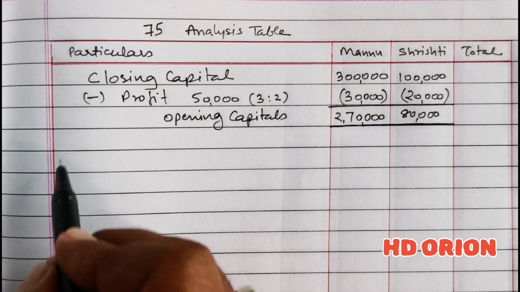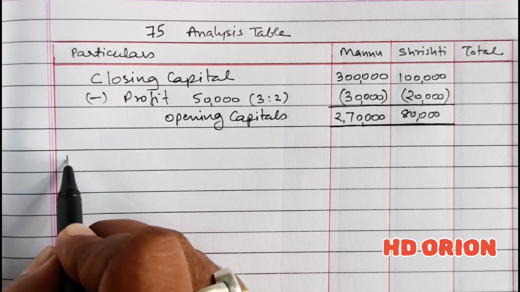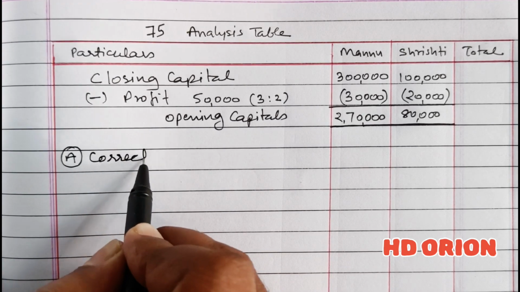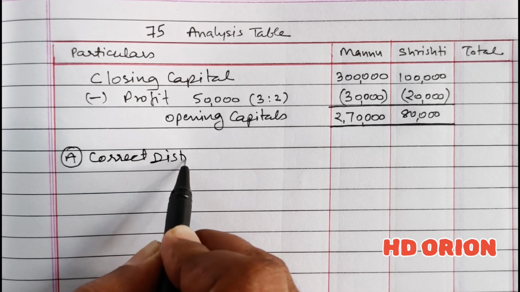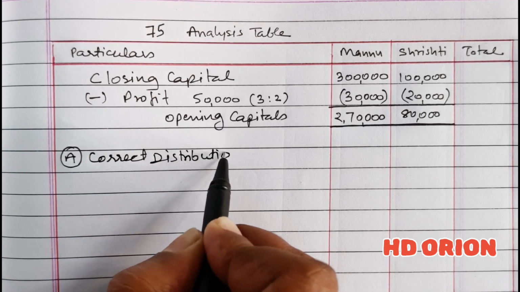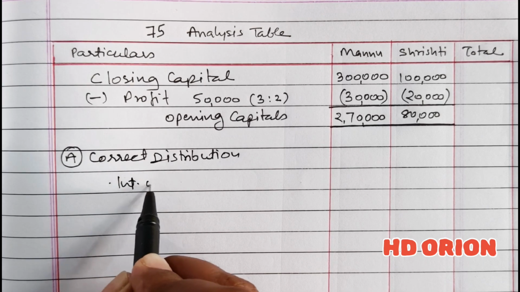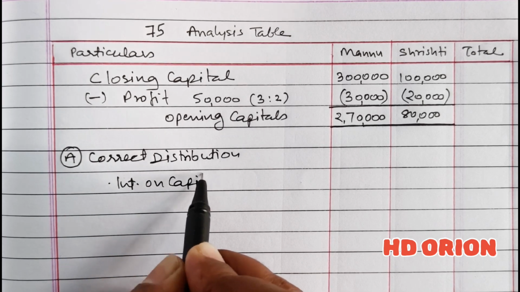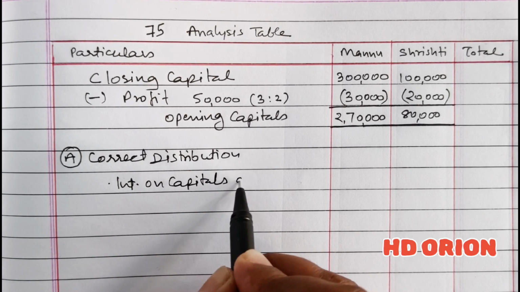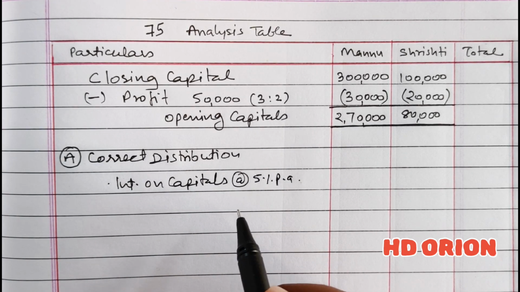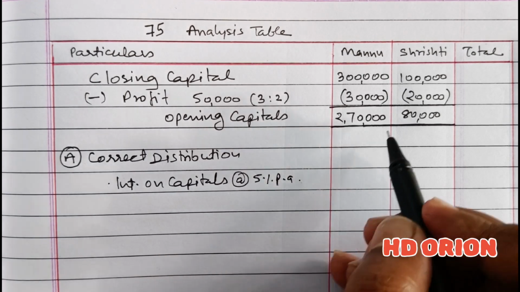Fine. Now we will analyze it. Let us say first correct distribution. In correct distribution, the firm was supposed to give interest on capitals at the rate of 5% per annum, as suggested in the question. 5% per annum.